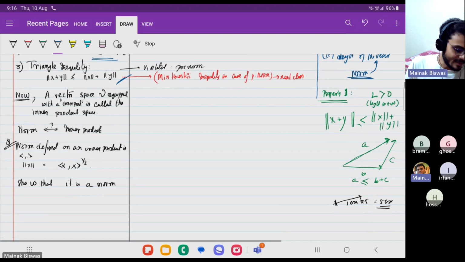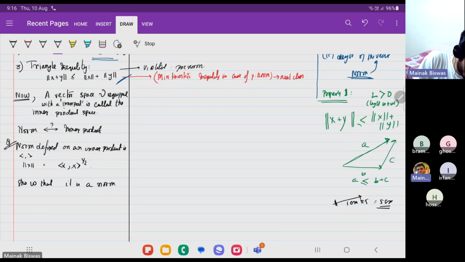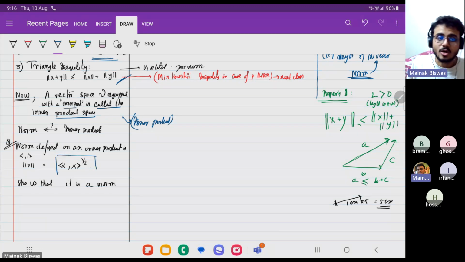A vector space that can be equipped with a norm is called an inner product space. Generally, what we'll be dealing with today are inner product spaces. We will define a norm by an inner product.